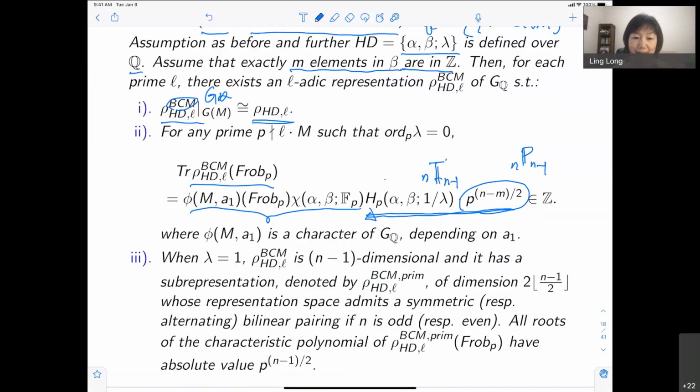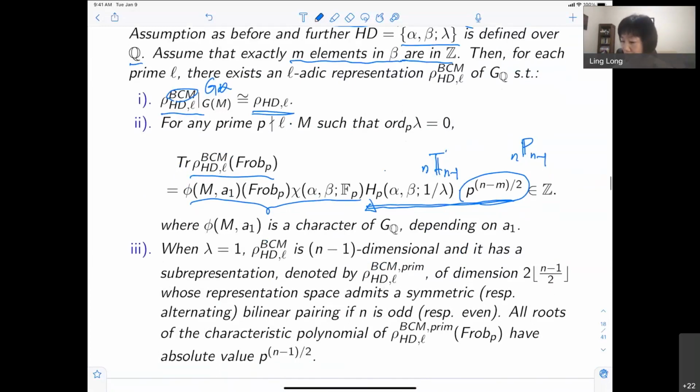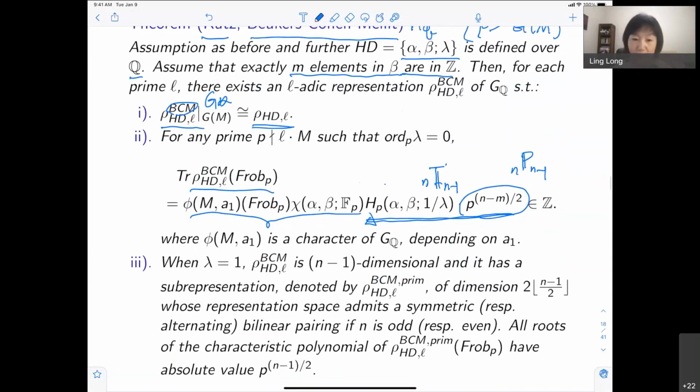And the last statement is basically concentrating on the case where it's defined over Q, it's already self-dual. And if it's 1, the representation itself has also a one-dimensional piece, and it also decomposes into the primitive part. Maybe there will be an additional one-dimensional representation depending on n being even or odd.